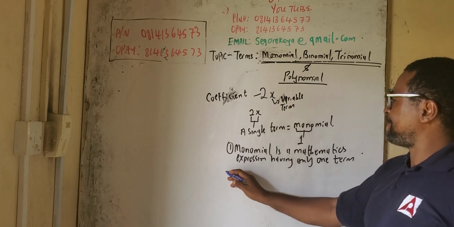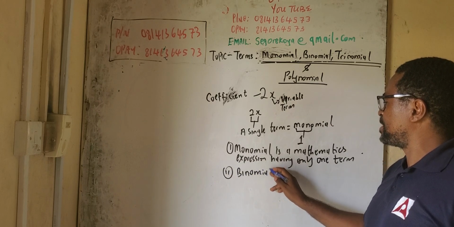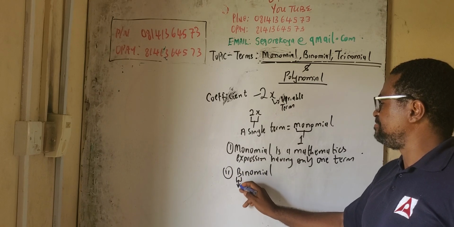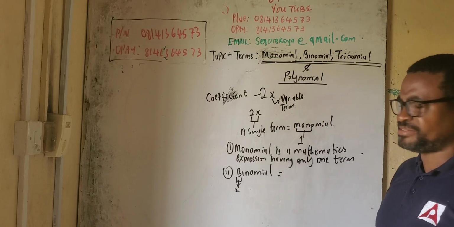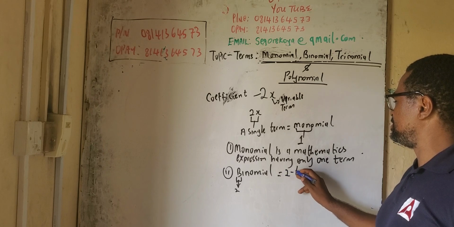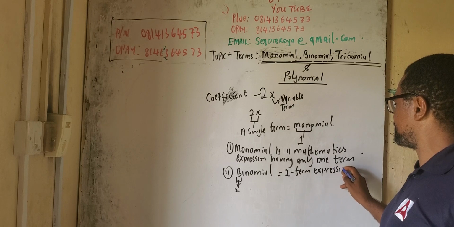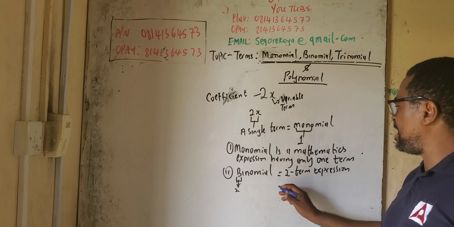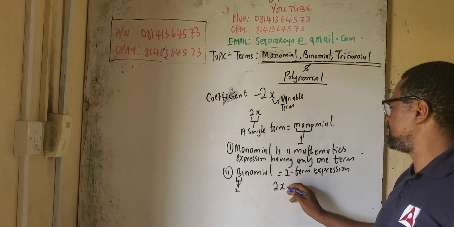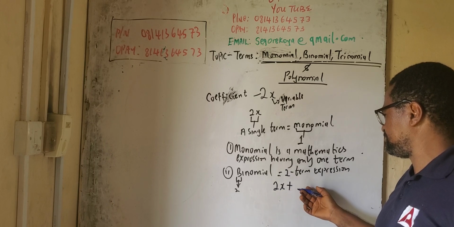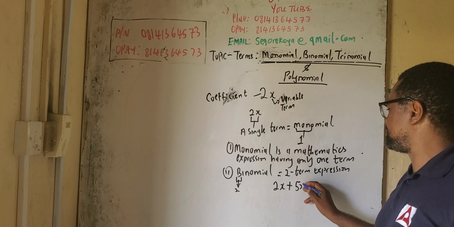Now, binomial. The word bi in science means two. So this simply means loosely 2 terms expression. Like if I have something like 2x plus, let's say I have a 5x.